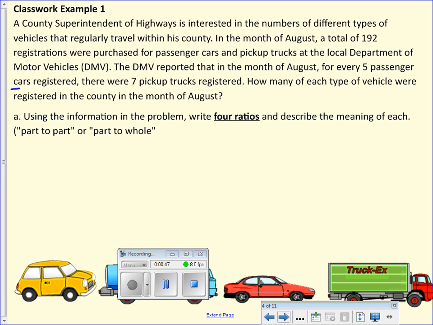In the month of August, a total of 192 registrations were purchased for passenger cars and pickup trucks at the local Department of Motor Vehicles, which is abbreviated DMV. The DMV reported that in the month of August, for every 5 passenger cars registered, there were 7 pickup trucks registered. How many of each type of vehicle were registered in the county in the month of August?